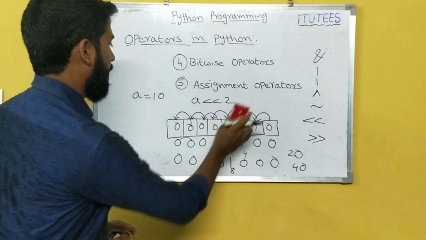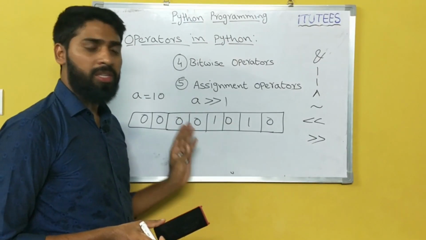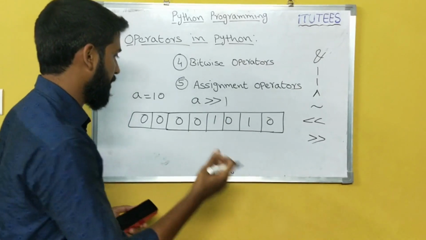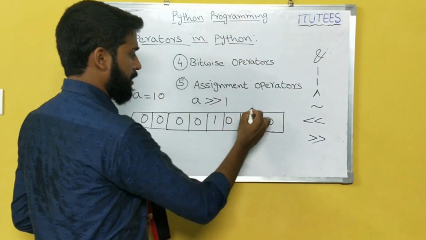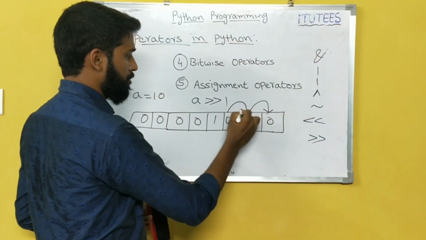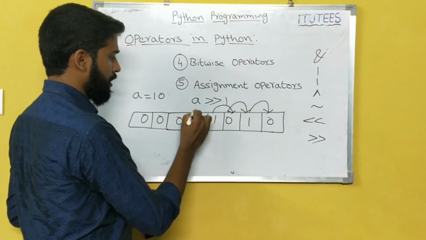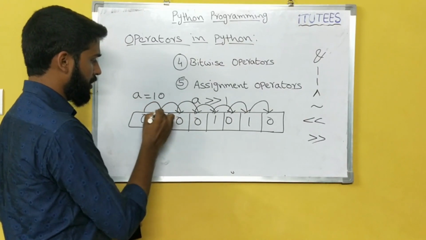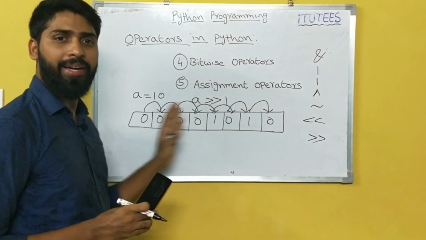So next, right shift. Right shift means shift the bits to the right. That means 1 bit. So the 1 goes here, the 0 goes here, 1 goes here, 0 goes here, 0, 0, shifting. So this is the right shift.